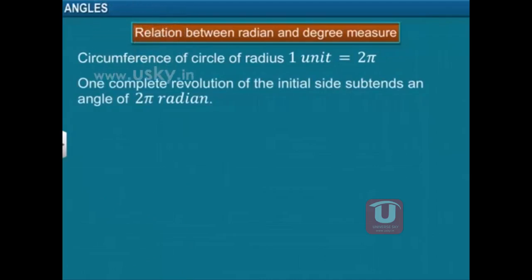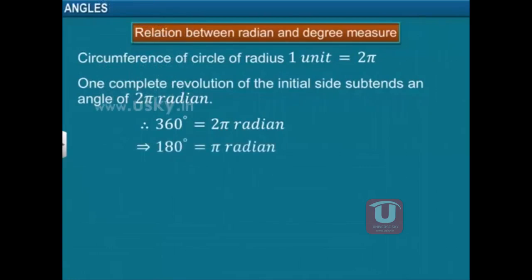Also, 1 complete revolution of the initial side is equal to 360 degrees. It implies that 360 degrees is equal to 2 pi radians, or 180 degrees is equal to pi radian.